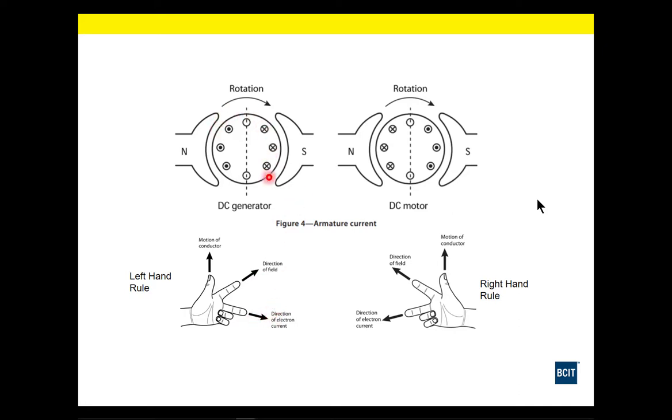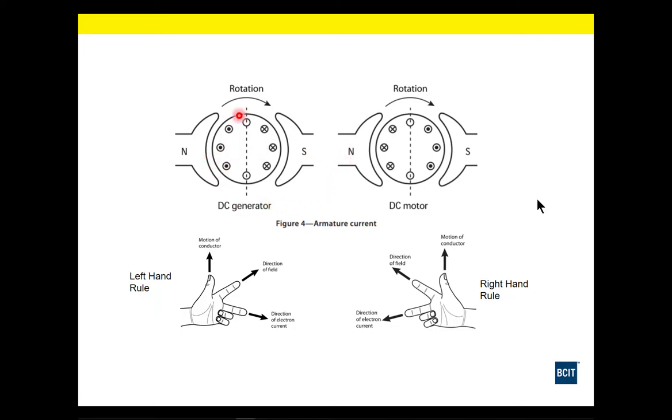So if we look at this generator here, if it's rotating in a clockwise direction, and our north pole is on our left, our south pole is on our right, our magnetic lines directions are going to be going from north to south across in this direction.